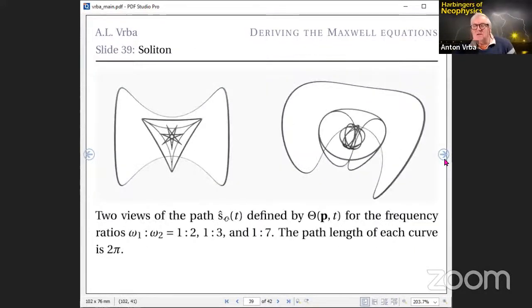If I look at what this looks like, this is looking down on the North Pole, and this is a sort of isometric view. The large curve is for omega 1, omega 2 is 1 and 2. This triangular one is omega 1 to omega 2 is 1 and 3. And this smaller one here is 1 and 7.